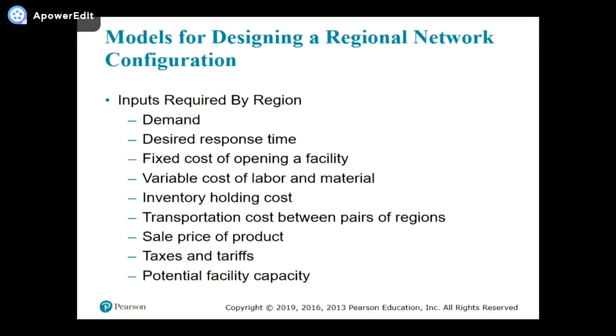So costs related to facility, labor, material, inventory, and transportation. And then we need to know what the sales price of the product is, and then additional macroeconomic factors of taxes and tariffs and any constraints related to facilities.